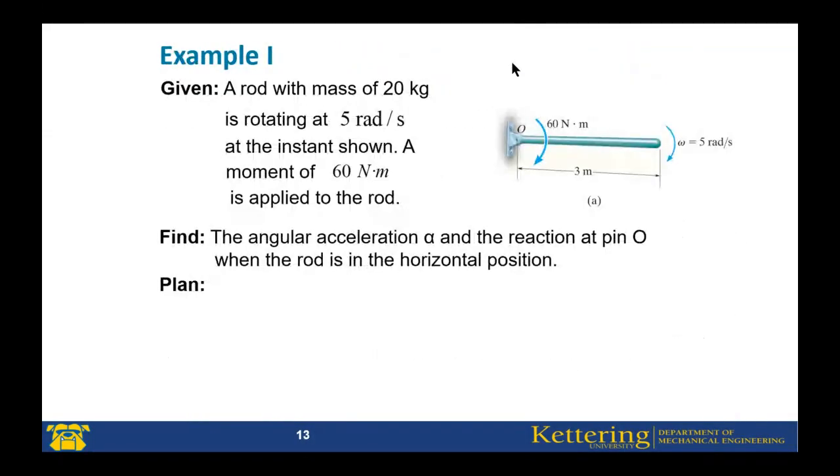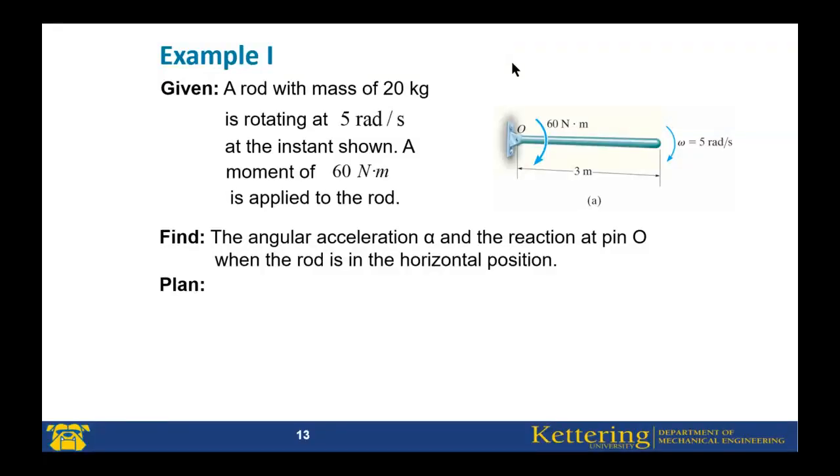Now, examples are always a good choice to understand the concept. This is a basic example. There is a rod with a mass of 20 kilograms. It is rotating with an angular velocity of 5 radians per second at the instant shown. A moment of 60 Newton meters is applied.